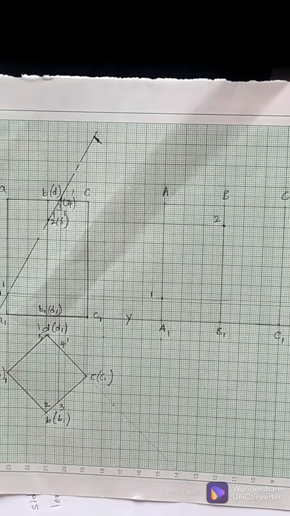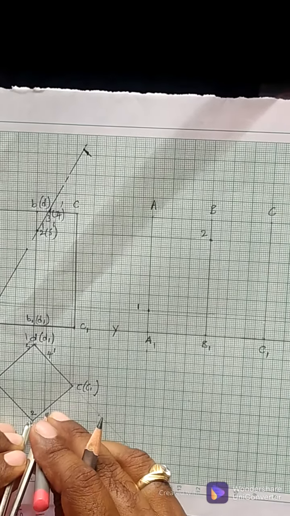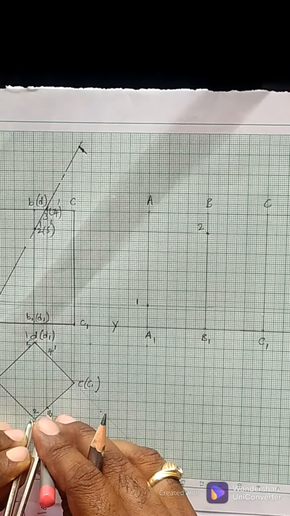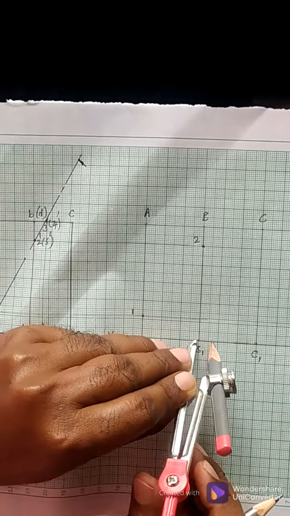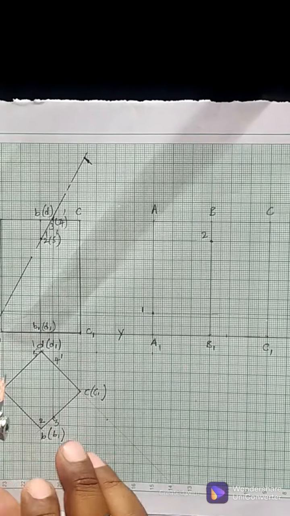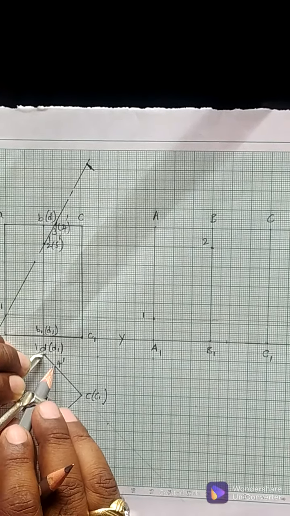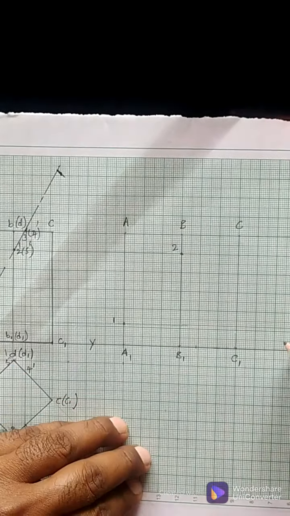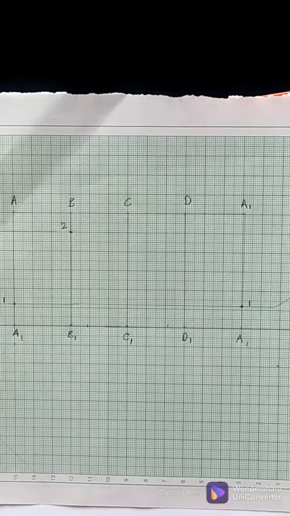Similarly 3. I'll take this distance from B towards C. So this is the distance. Similarly D2 towards C. So this distance I have taken.